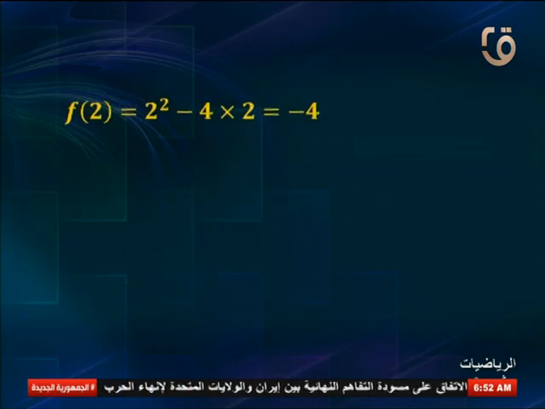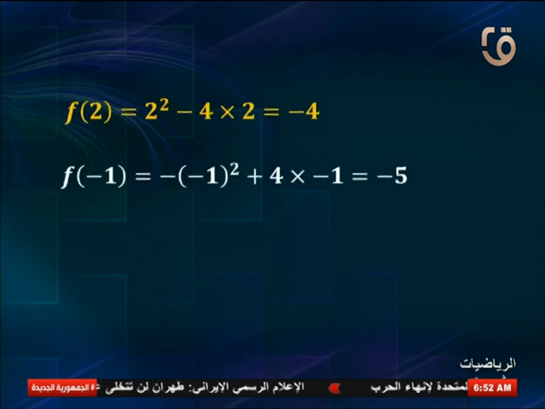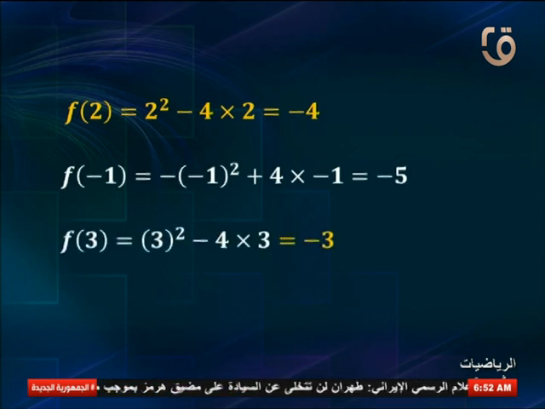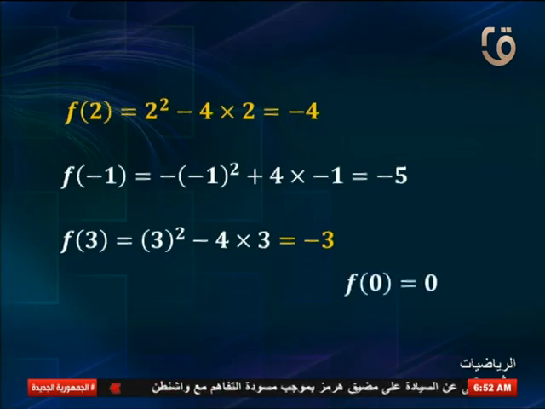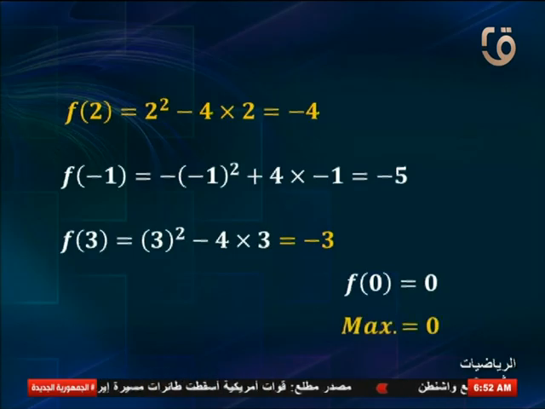f of 2, by substitution in the original function, the answer is −4. f(−1) equals −5. f(3) equals what? −3. f(0) is 0. What is the absolute maximum? 0. Why?